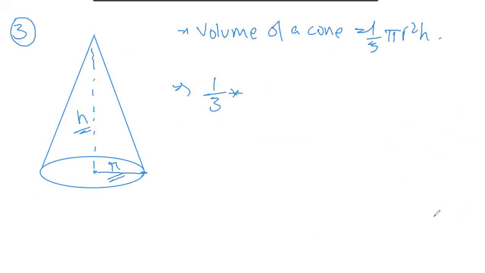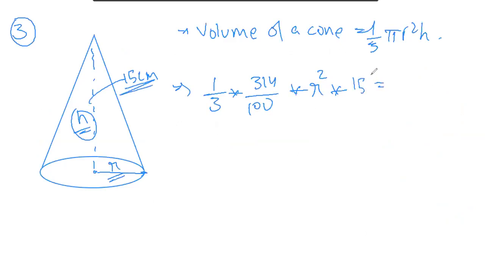So keeping that in mind, I'll write 314 divided by 100, because 314 divided by 100 can also be written as 3.14, into r square. We do not know r, so we'll assume it as r square, into h. Now h is given, which is 15 centimeter, is equal to the volume, which is 1570 centimeter cube.